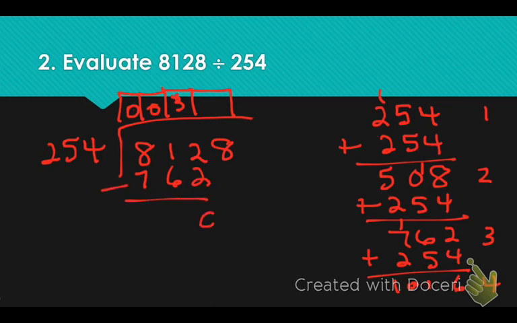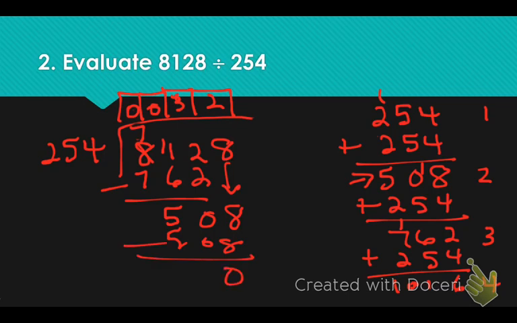When I subtract, it gets 0, 11, man, trying to hurry, so I'm making mistakes here. 11 minus 6 is 5. 50 is smaller than 254, so I bring down my 8, and I have 508 right here, so this is a 2, and that finishes it off. So the answer is 32. If you got that right, put a check mark. Next one.